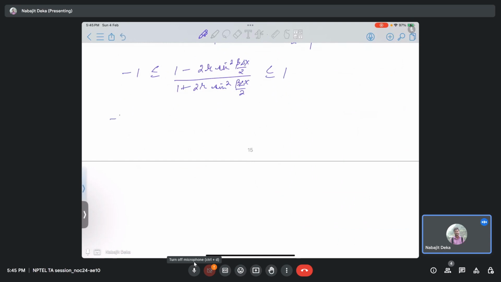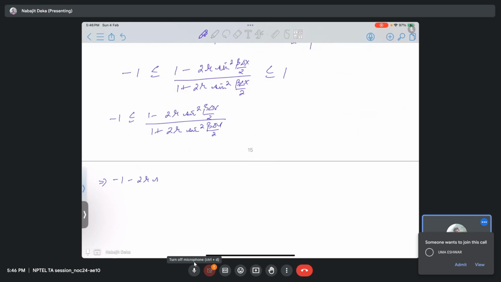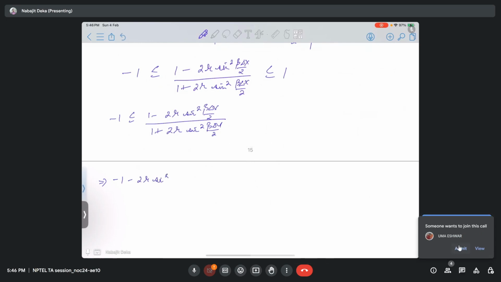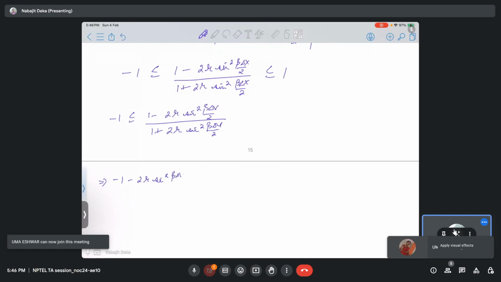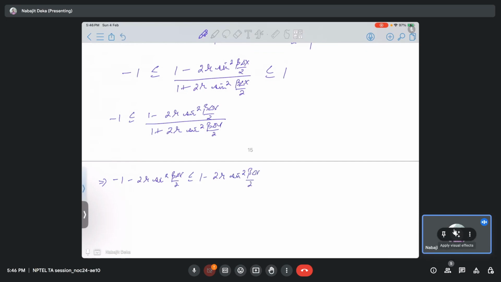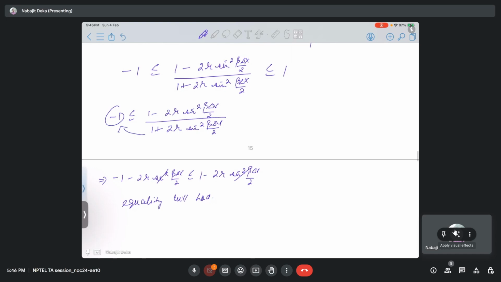Let's take the left inequality, minus 1. So this equality will anyway hold; you have to cross multiply.